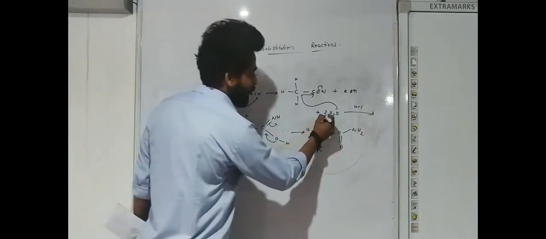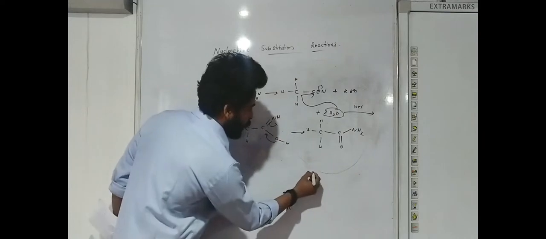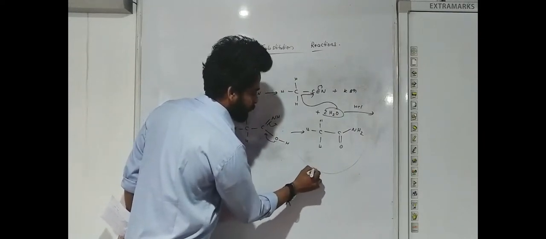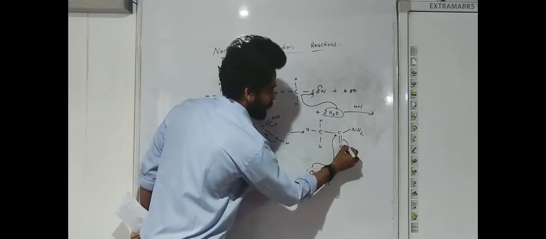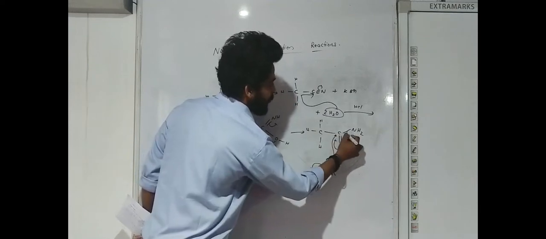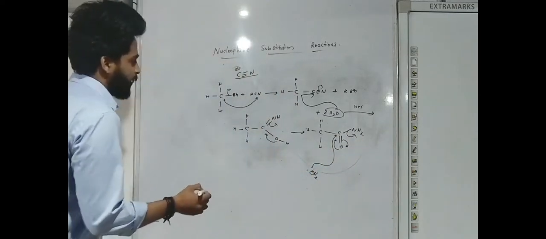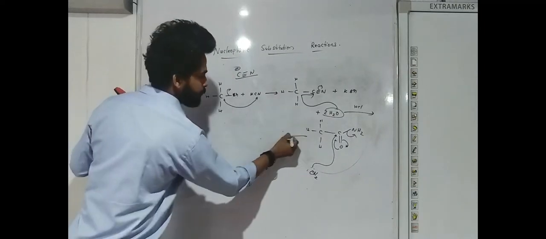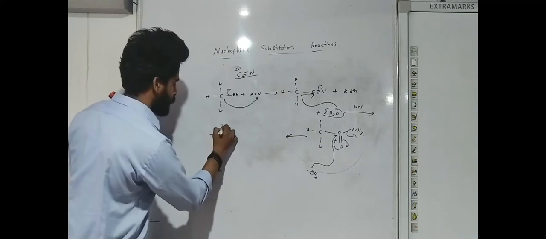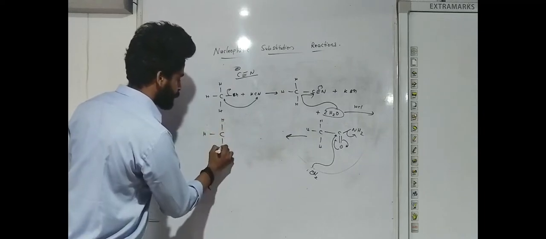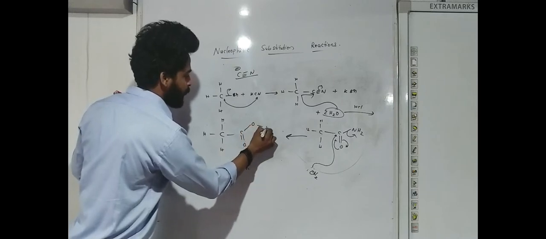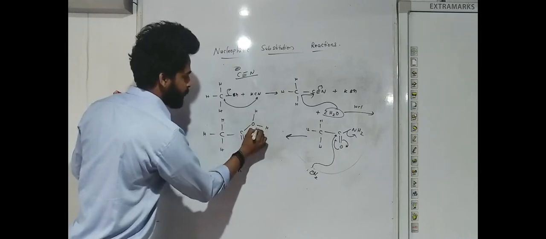Then we have one more H2O. So that H2O will come and attack here. This bond will break and a bond will form. This NH2 will leave. So we will get another C double bond O, with OH2 plus.